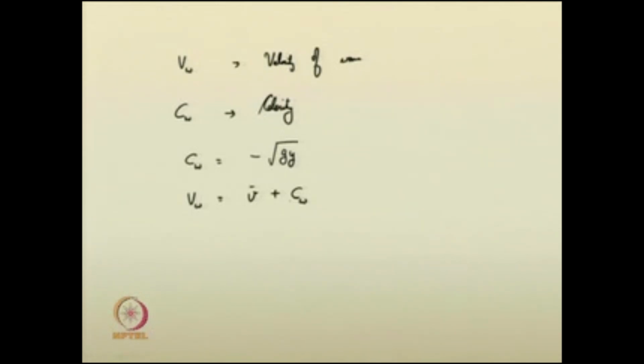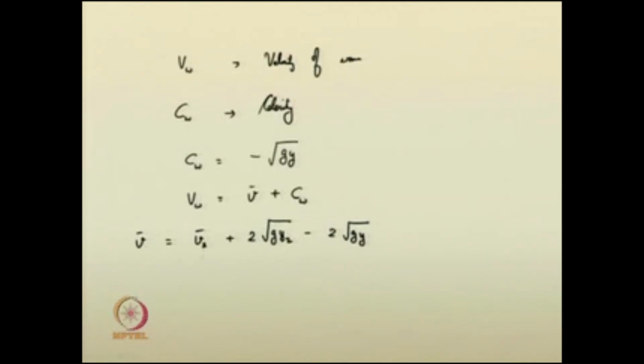Just substitute this quantity in the previously derived equation. V bar is equal to V2 plus 2 root g y2 minus 2 root g y.